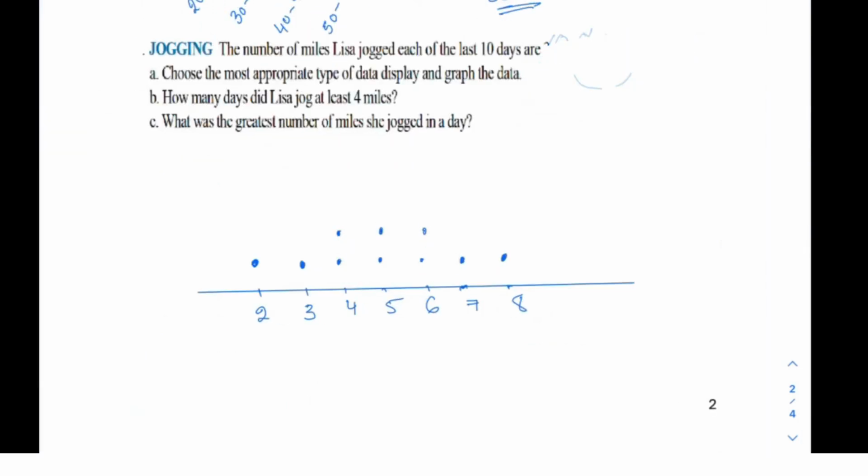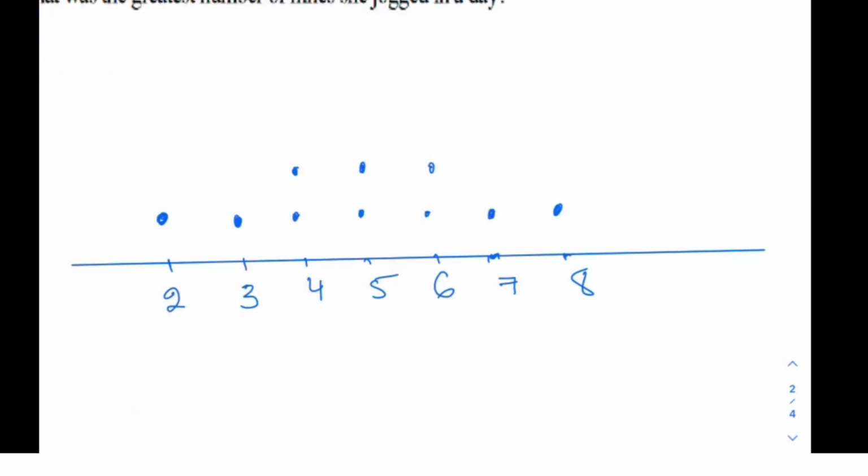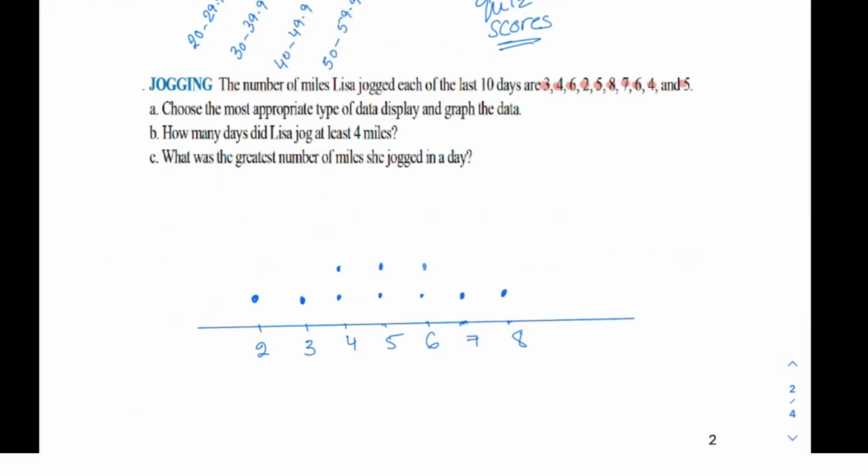Let's check again. We have here 1, 2, 3, 4, 5, 6, 7, 8, 9, 10. And how many dots do we have here? Count them. Yes, all are there. And the label here is number of miles Lisa jogged each of the last 10 days.